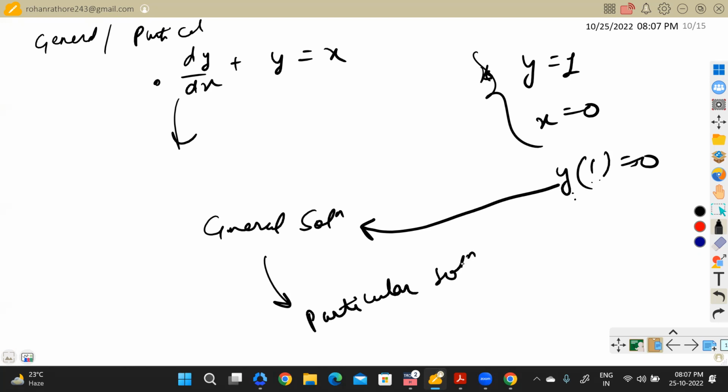The particular solution comes from the general solution after you put some values in it and solve for that c, which we were getting. And when you put the value of c into the general solution, you'll get the particular solution. Okay, got it.